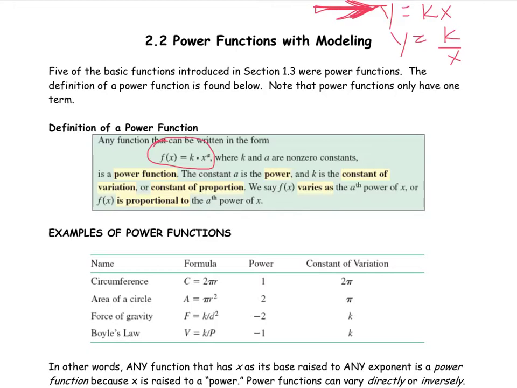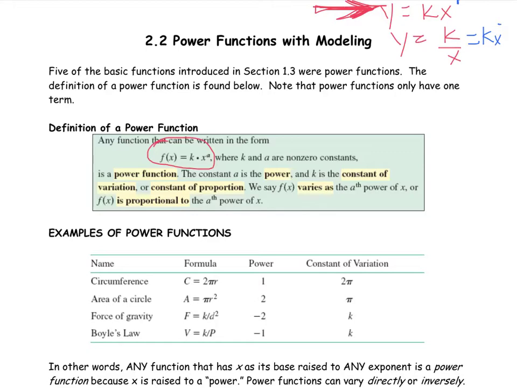In Algebra 2, when we talked about a linear function with direct variation, the power of x was just 1. So it only crossed the x-axis one time. And the second one was an inverse variation. If I rewrote this, it would have been k times x to the negative 1 power.